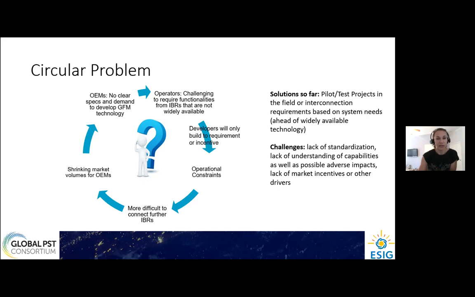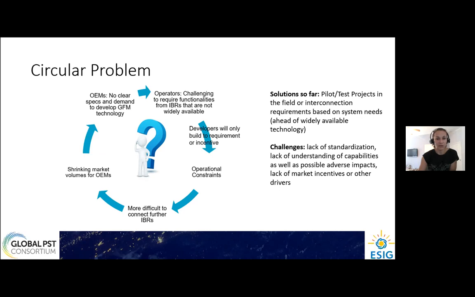System operators are applying constraints, for example constraints on transmission interfaces to limit production of these resources from weak grid areas. That makes it more difficult to connect further inverter-based resources to the grid, and that results in shrinking markets for manufacturers.